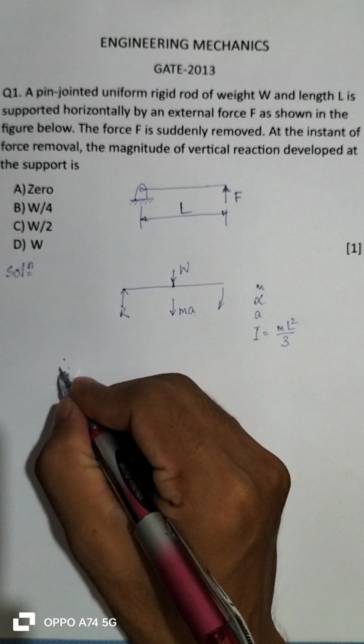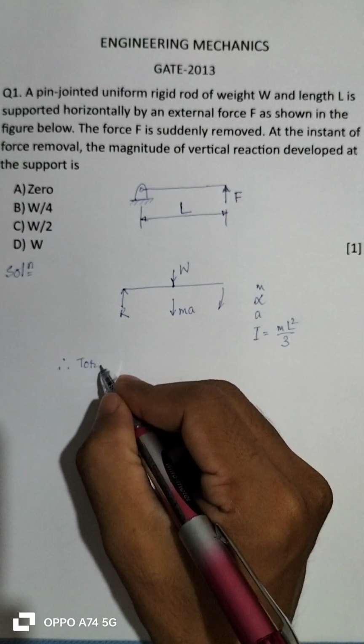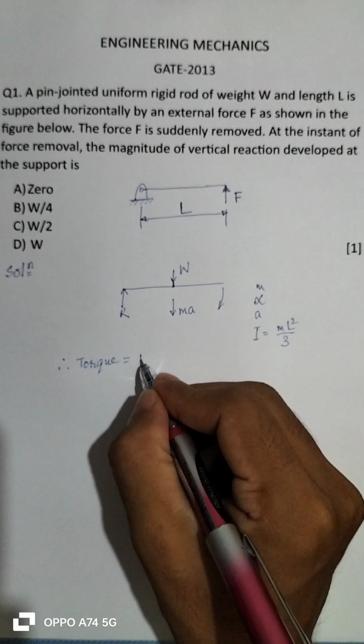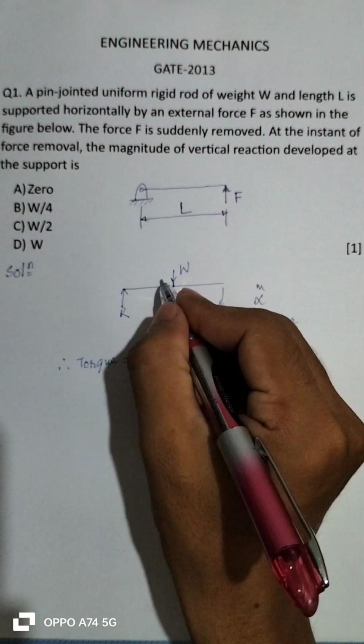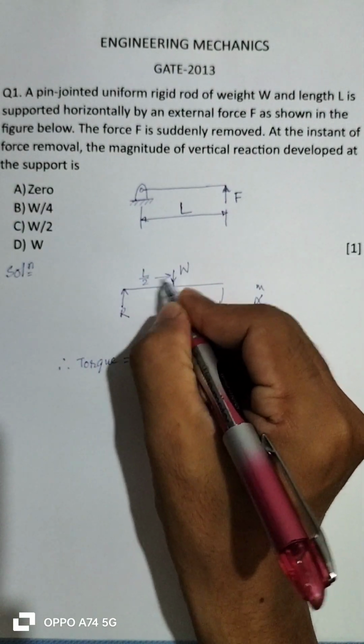So the torque will be equal to W into this distance, this is L by 2.